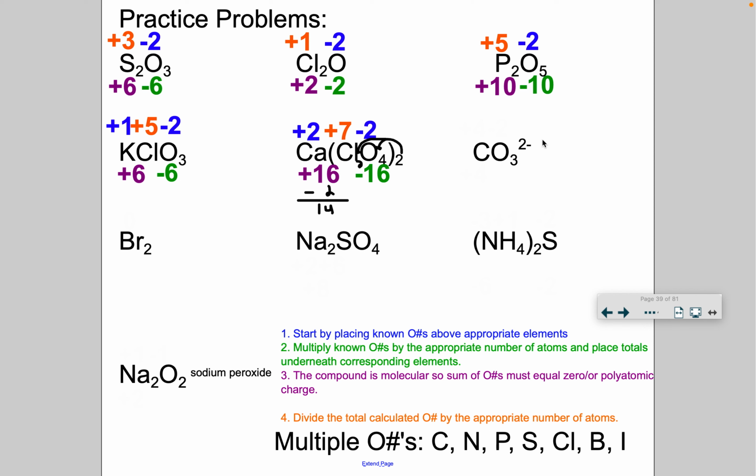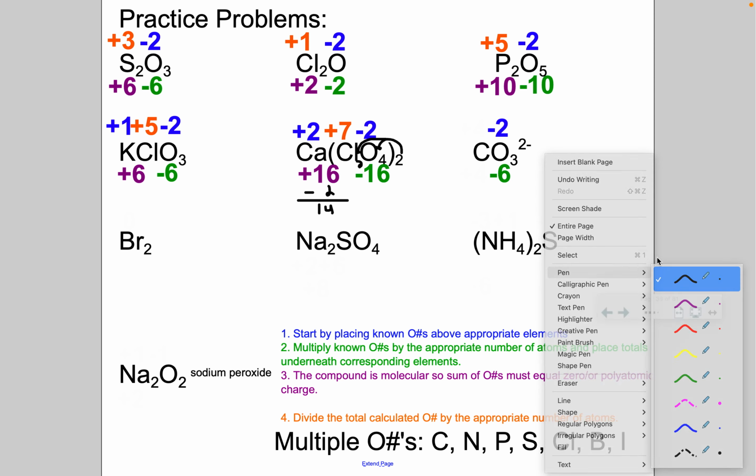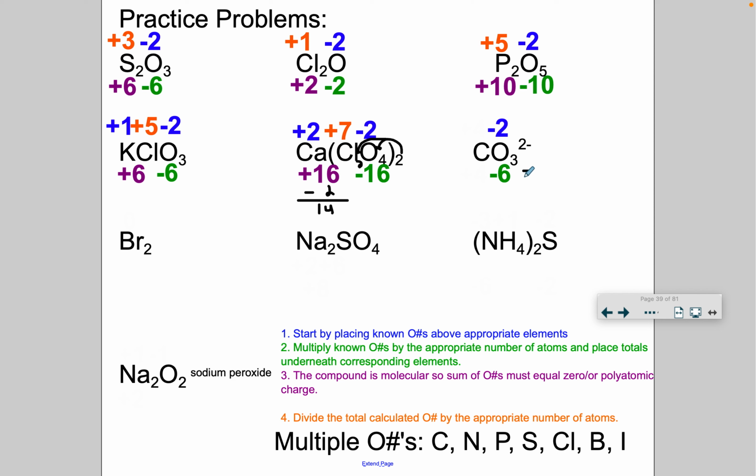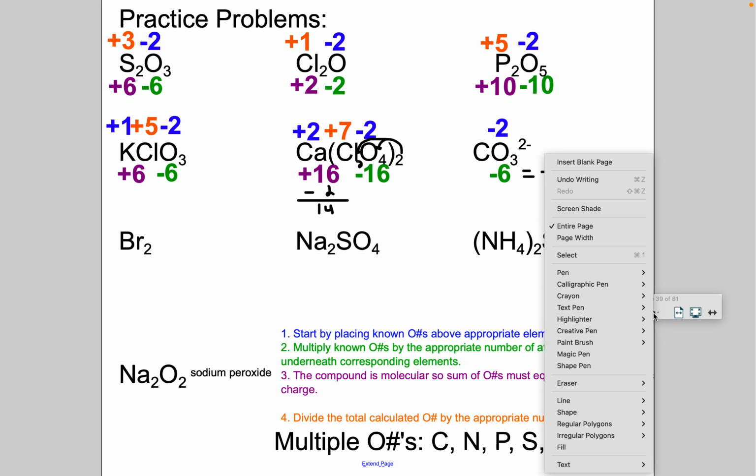CO3, negative 2. This is a polyatomic. So I see oxygen. It's not a peroxide, it's not bonded to fluorines, minus 2. Minus 2 times 3 is negative 6. Now, we are not balancing it to 0. It has a charge. We are balancing it to minus 2. Okay?